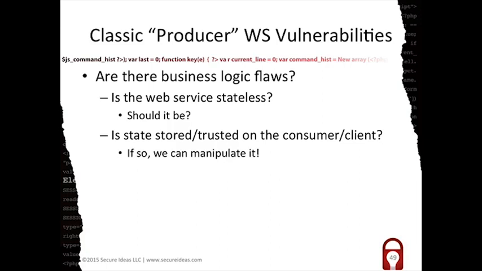Now, you've got to think about this in terms of web services, though. If you have an application that's relying on web services for each of those calls, it has to have some way of keeping track of whether or not all of the steps have been followed in the right order. One way that they may do that is through some kind of a nonce. But it's definitely something that you'll want to see if you can abuse.